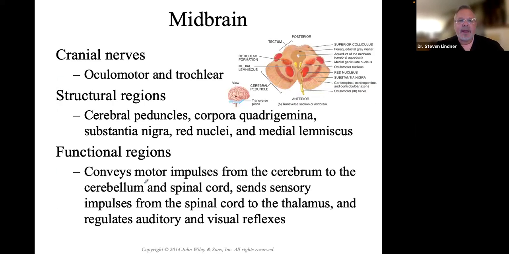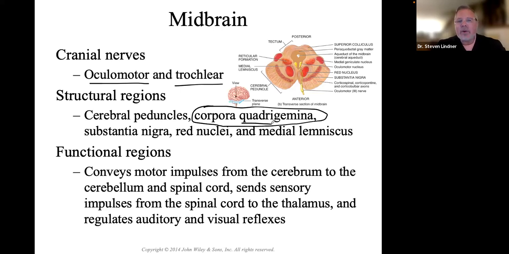So in the midbrain, there are some cranial nerves number 3 and cranial nerves number 4. And there's an important region in the midbrain that's called the corpora quadrigemina, which literally translates to the body of 4. Corpora, like a corpse. Corpora quadrigemina means body of 4. I'll show you what that is.